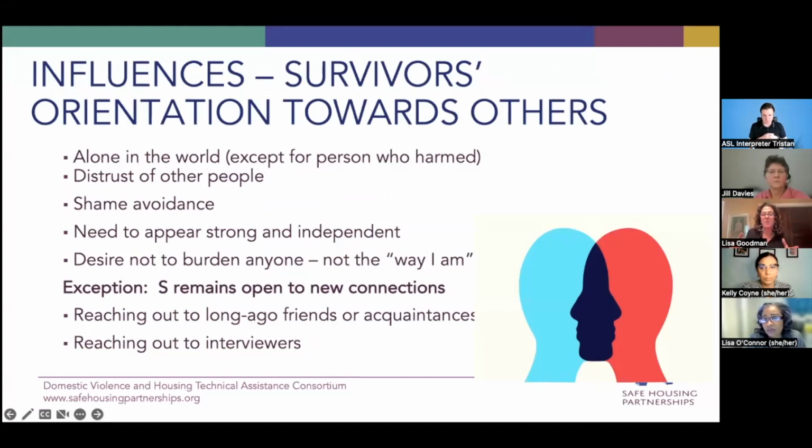Another set of influences had to do with survivors' own orientations to relationships, which I think survivors saw as following from the messages they had received. This is how they felt about relationships, what we in psychology call, fancily, relational images, that contributed to a tendency to withdraw rather than reach out.